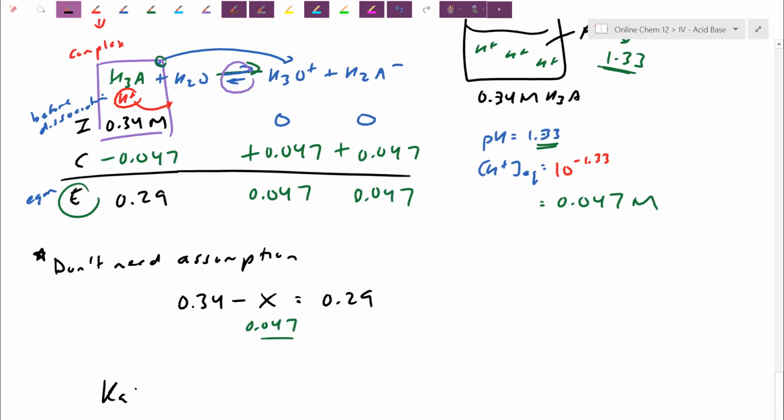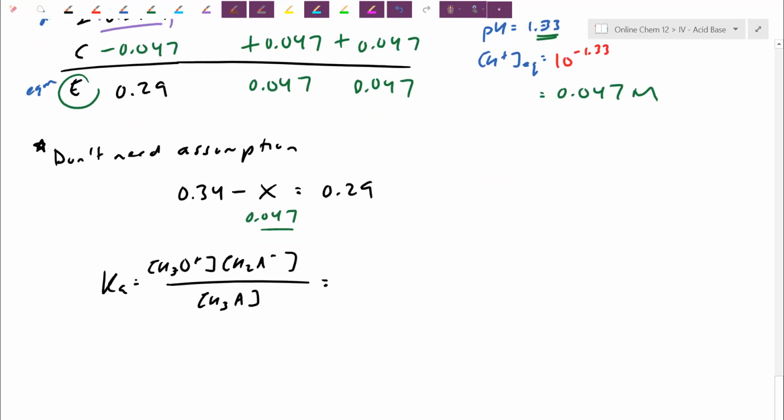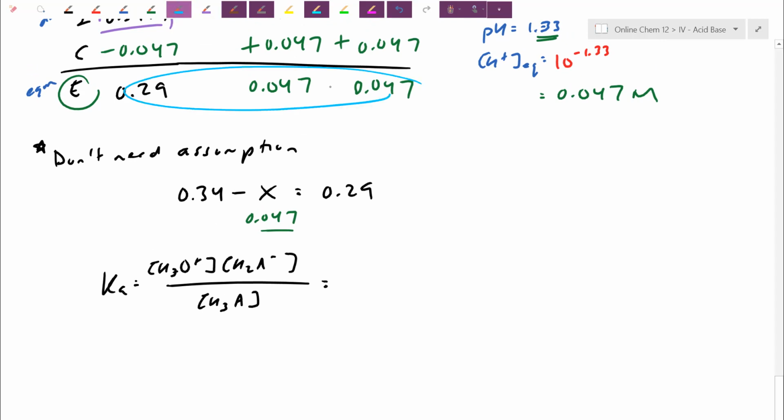So the Ka of my triprotic acid is the hydronium times the H2A minus, divided by H3A. I'd still write out the equilibrium constant expression. And remember, if I have the numbers or even placeholders on the equilibrium row, these are ready to be subbed into the Ka expression. So if my H plus at the end of the day was 0.047, which gave me that pH of 1.33, the H2A minus would likewise be 0.047, divided by, I had done the subtraction.